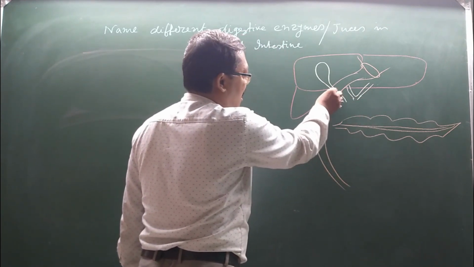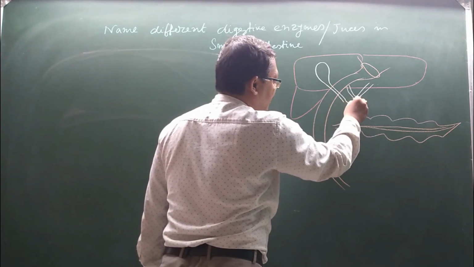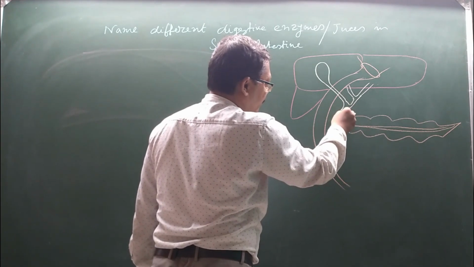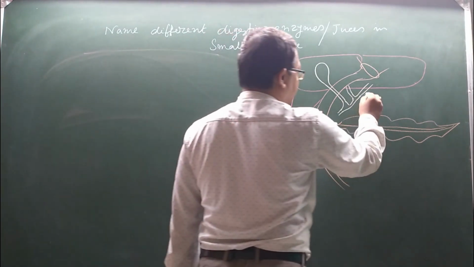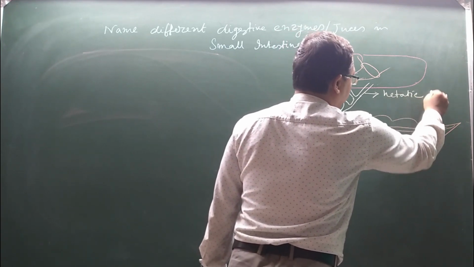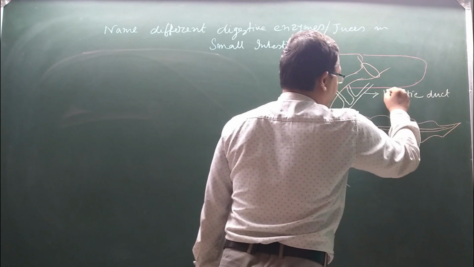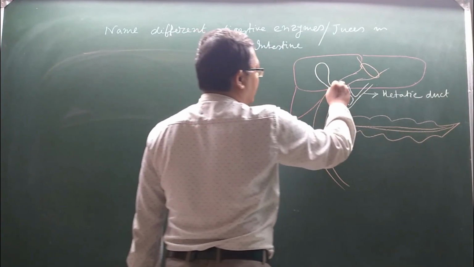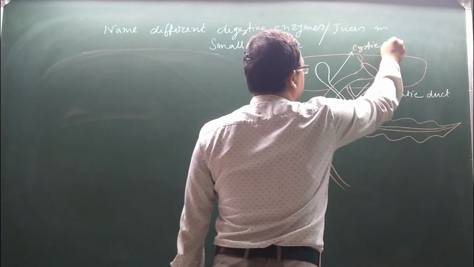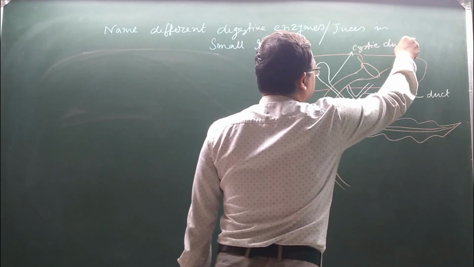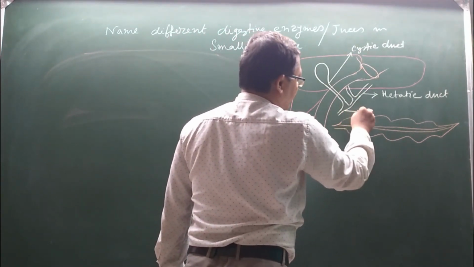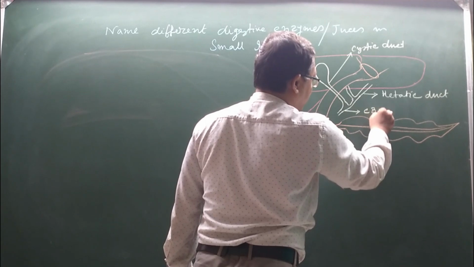This is the cystic duct or gallbladder duct, and the two hepatic ducts unite to form the common bile duct, CBD.